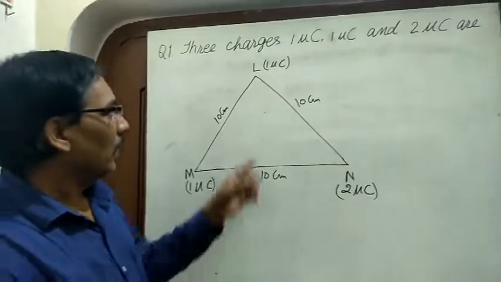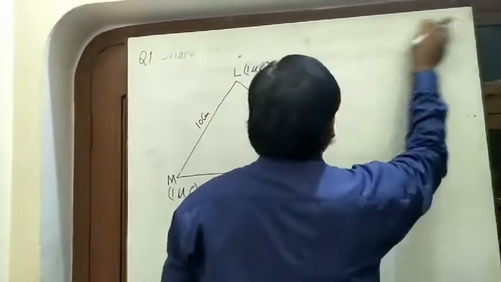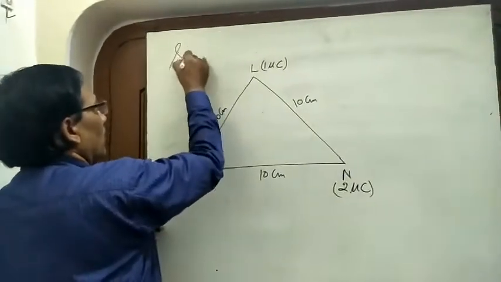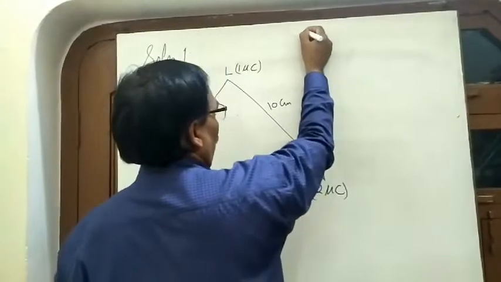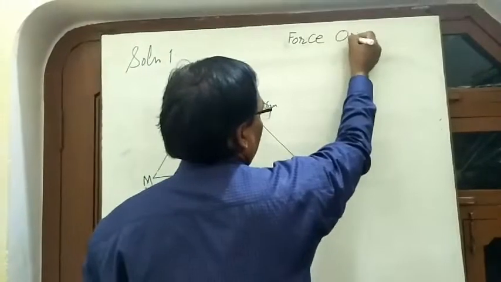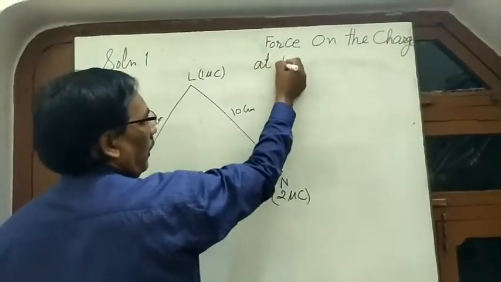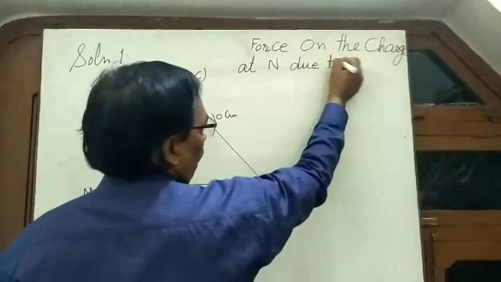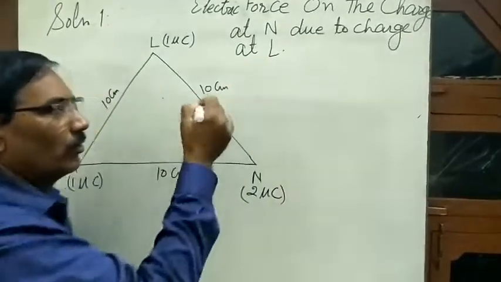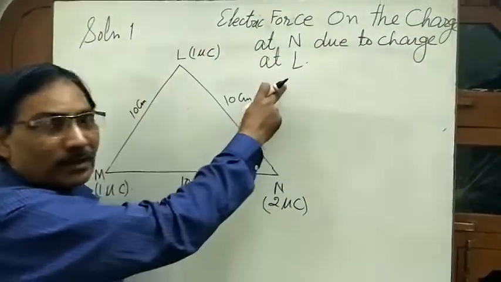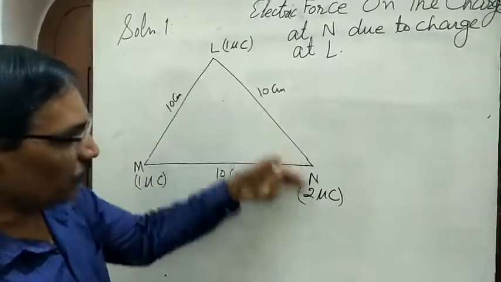Now using Coulomb's formula, calculate the force on the charge at N due to the charge at L. Okay, so the electric force on the charge at N due to the charge at L. Since both charges are positive, this force will be repulsive.